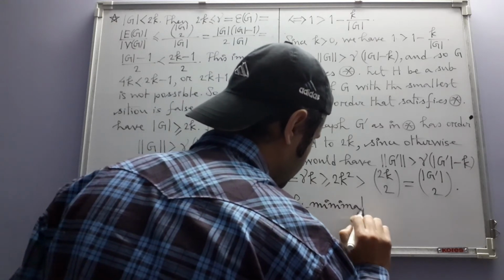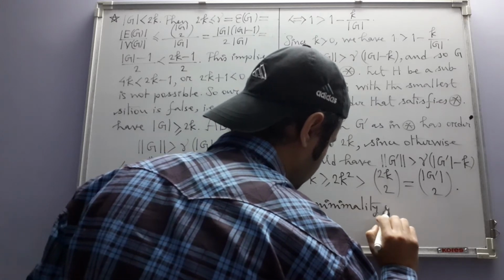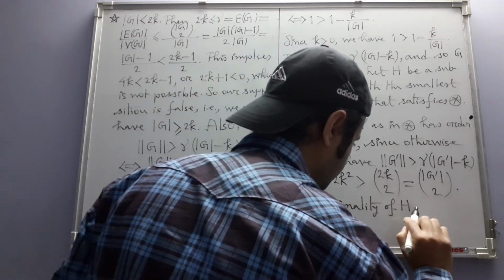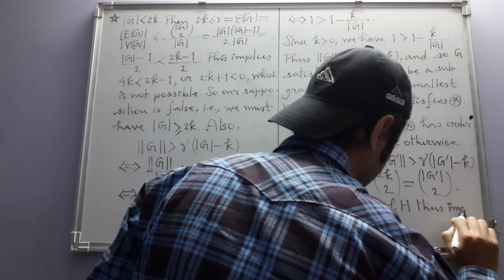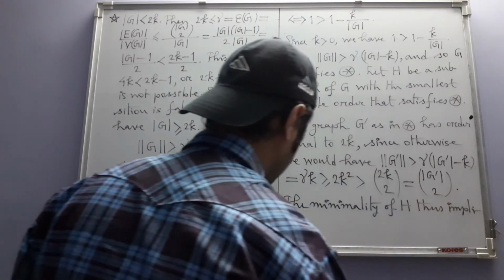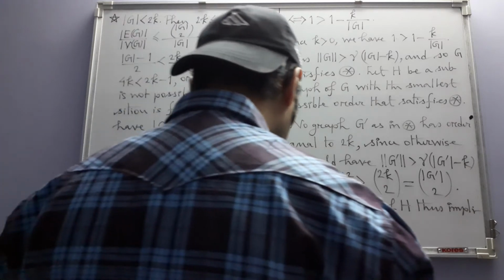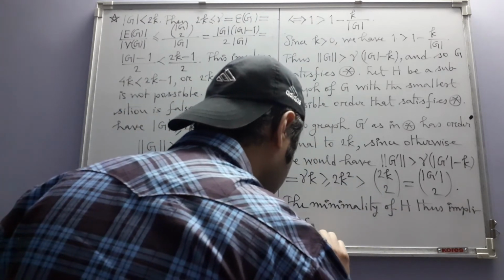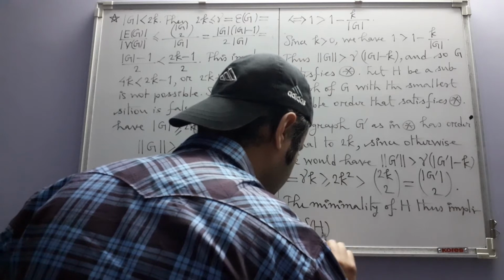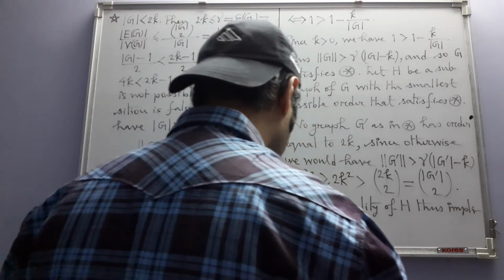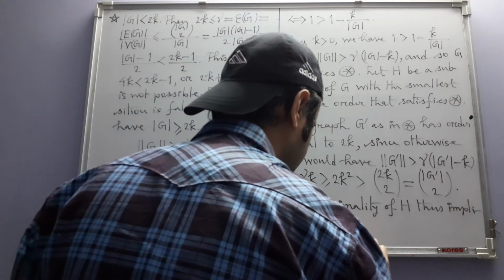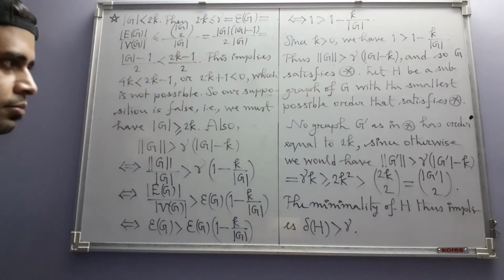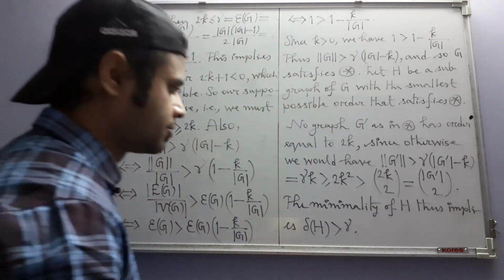The minimality of H thus implies that its minimum degree is strictly greater than gamma. But why? How actually?